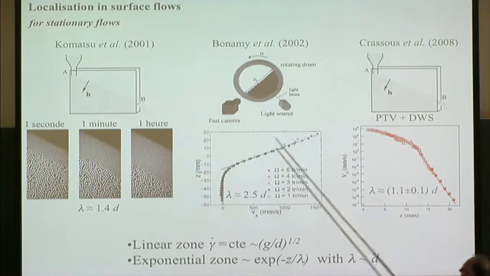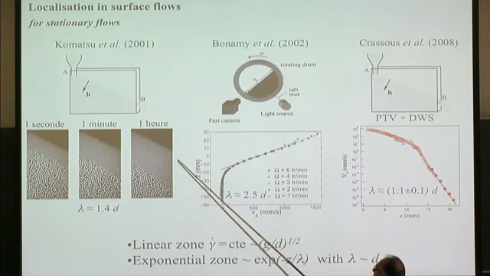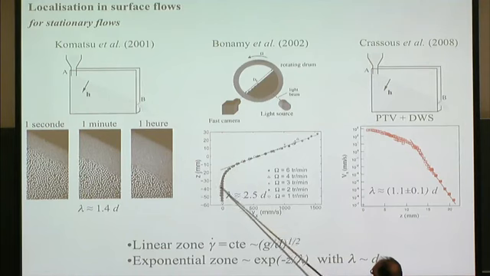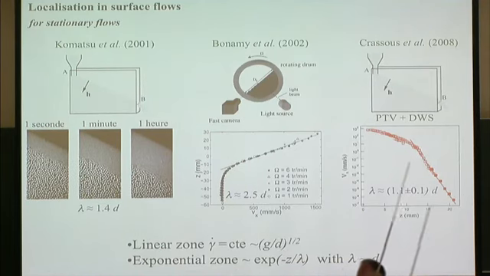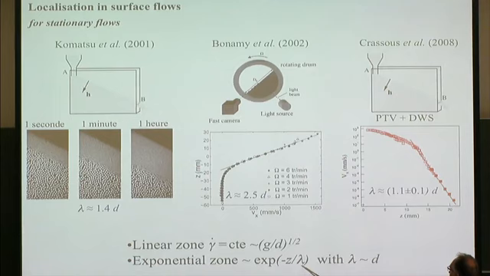So in this forced stationary flow, there is a linear velocity profile followed by an exponential velocity decrease with a characteristic depth that corresponds to about 1 grain diameter.